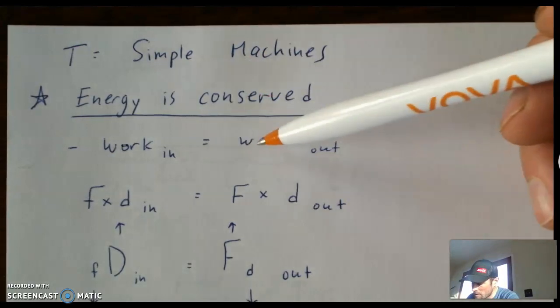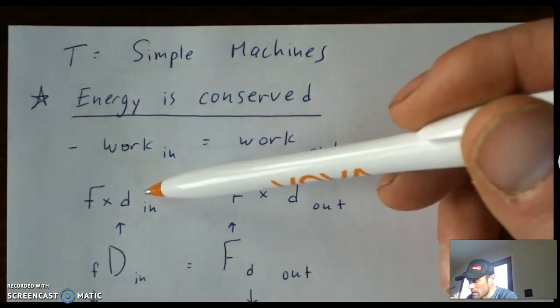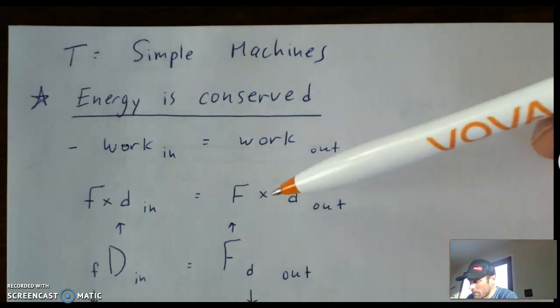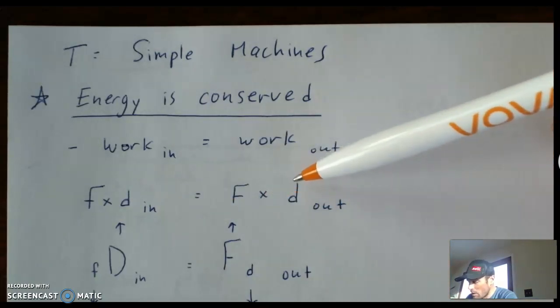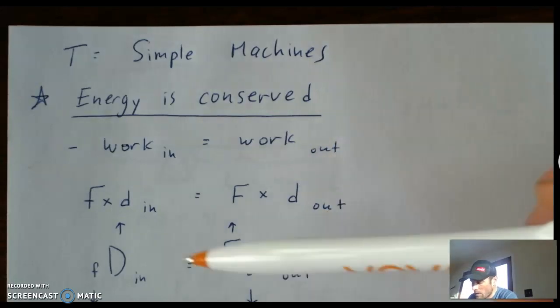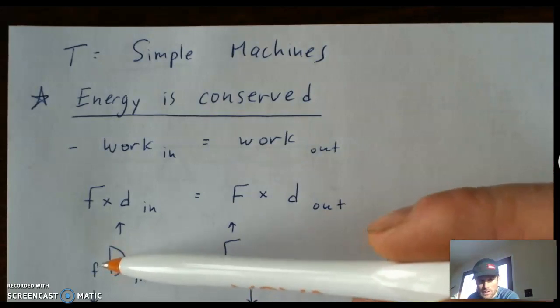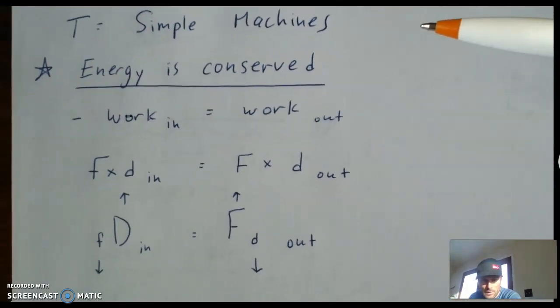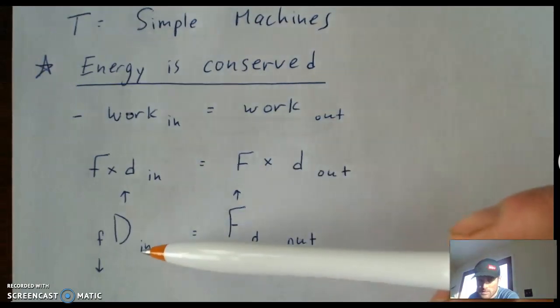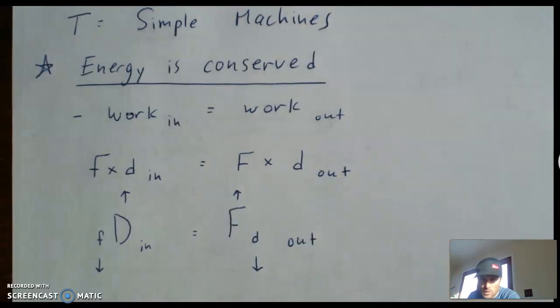If I expand this expression to show that work is force times distance, input work is going to be equal to output work, which is force times distance. You can see how if we are going to decrease our input force, we're going to try to make it easier, well, we're going to have to apply that smaller force over a larger distance. We'll get the same work or energy value, but we can do it differently.